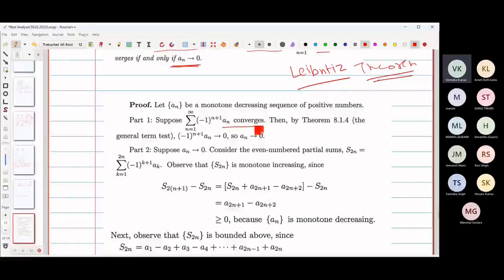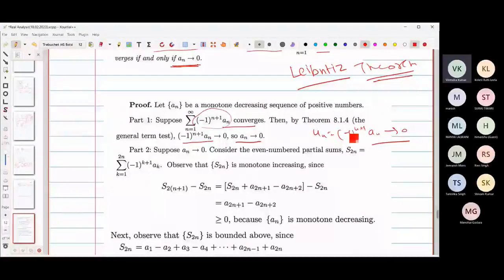Suppose this is convergent. Okay, converge करेगा तो by necessary condition this limit of un, this whole thing, un is minus 1 to the power n plus 1 an, should converge to 0.